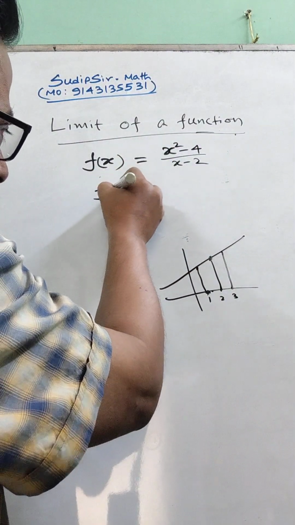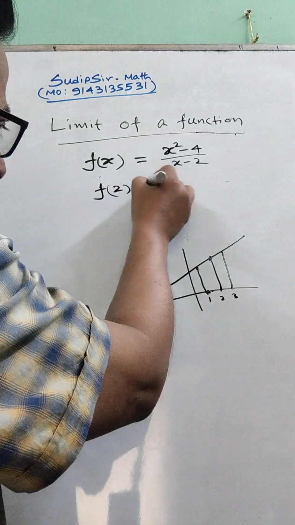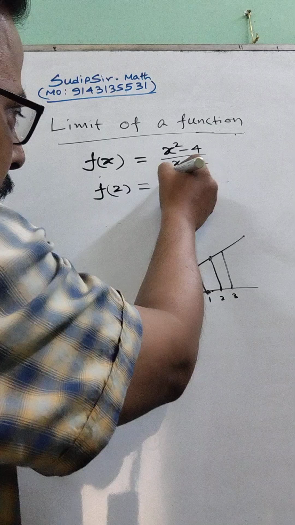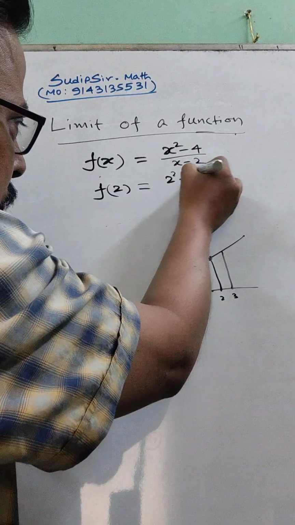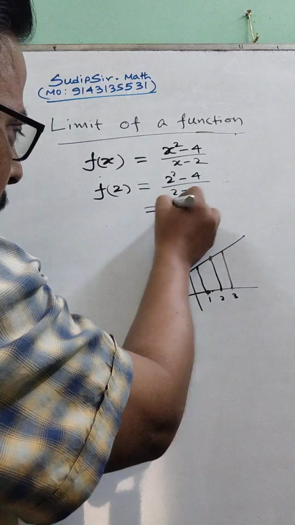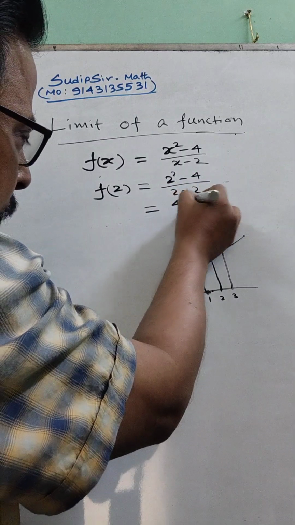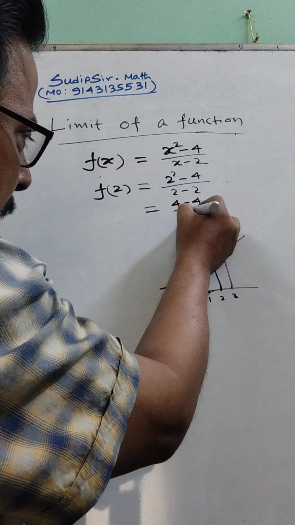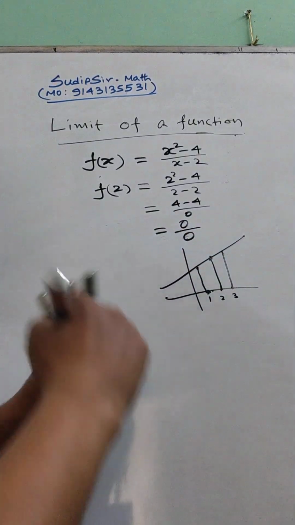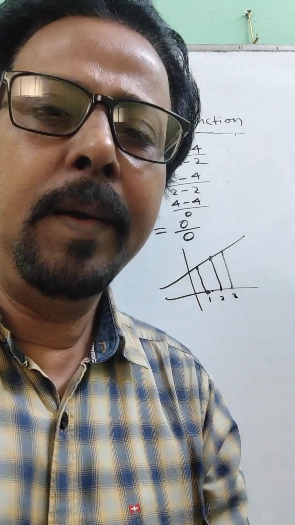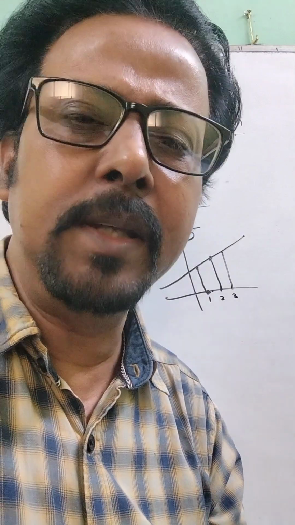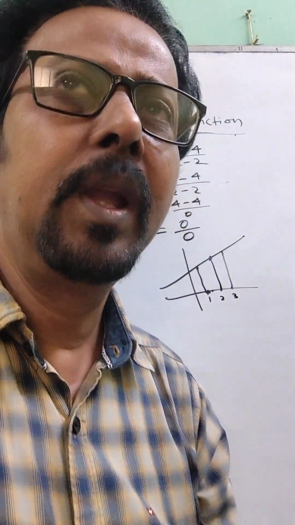If you put x equal to 2, you will get (2 square minus 4) by (2 minus 2), that is (4 minus 4) by 0, 0 by 0. Now, this 0 by 0 is undefined. Something by 0 is also undefined.